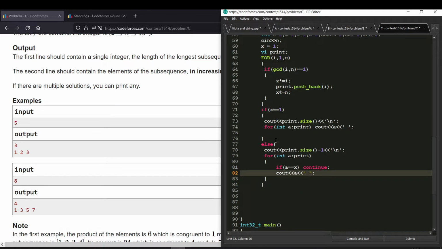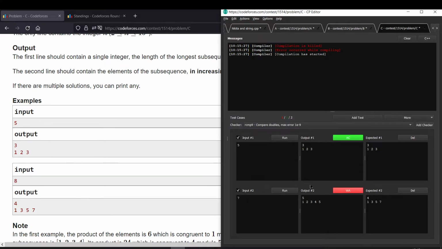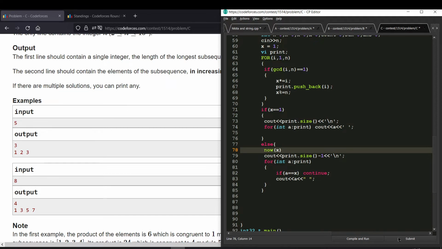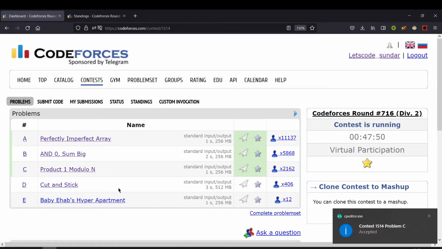Let's say we print the value of x over here. Okay, x turns out to be 6. So we'll be eliminating 6. I guess this should work. Okay, let's try. Okay, yeah, it got accepted.